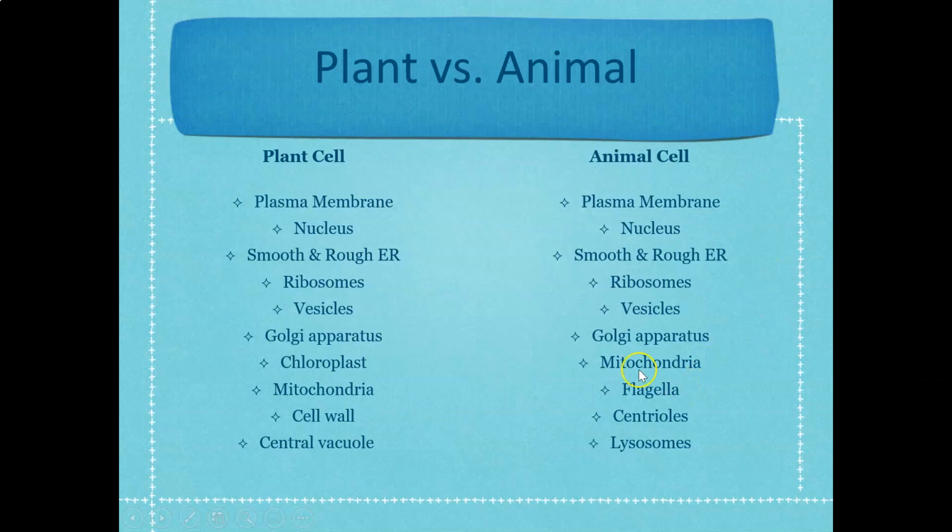All right, well, they can have flagella. They don't have to, but they can. Those centrioles are definitely animal only. Lysosomes are also animal only. We could also add the contractile vacuole and the food vacuole to this list as well, if those cells are capable of making them. Not every animal cell will have them, but they're capable of being there.